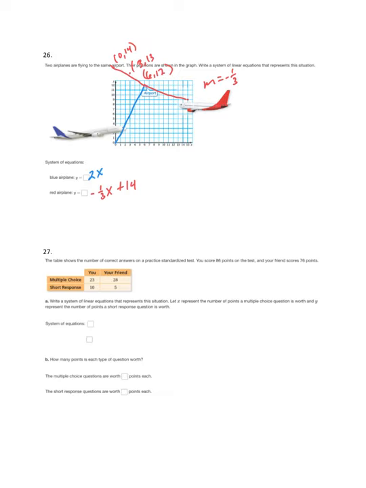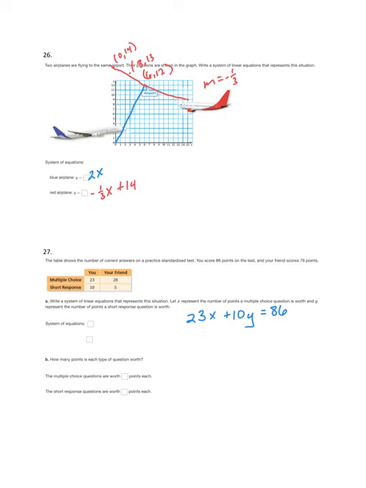Okay, so for you, you answered 23 multiple choice questions right, times X, which is how many points each of those is worth, plus you answered 10 short response, and we'll multiply that times Y, or the number of points each short response is worth, and you had a total of 86 points.